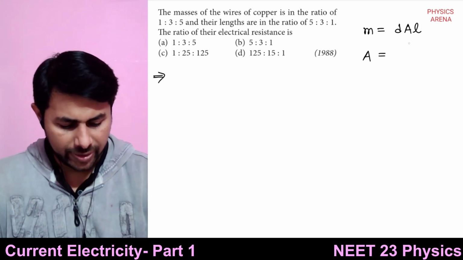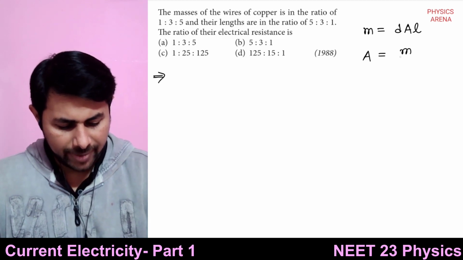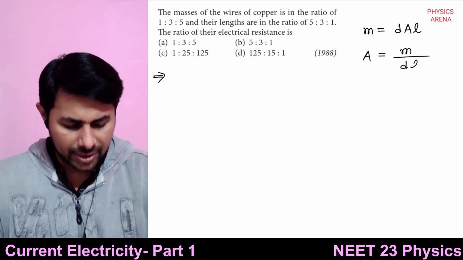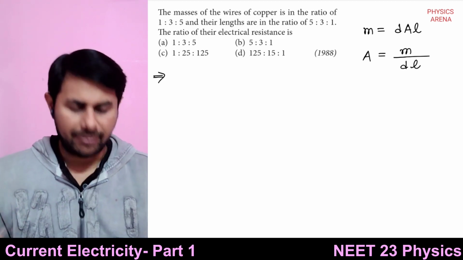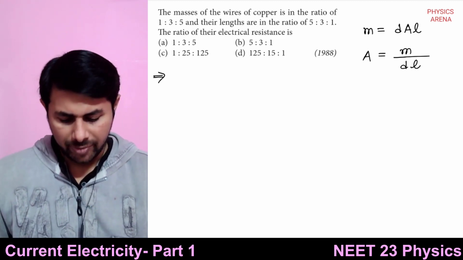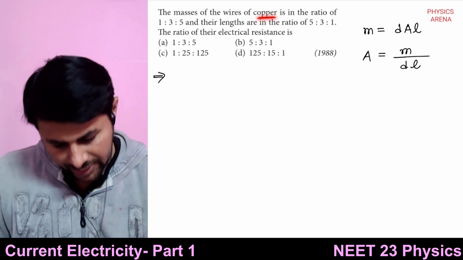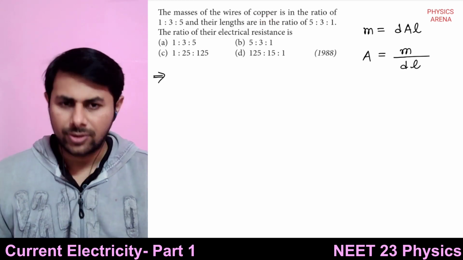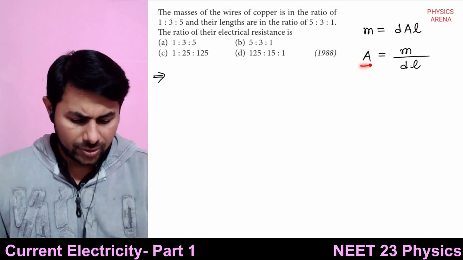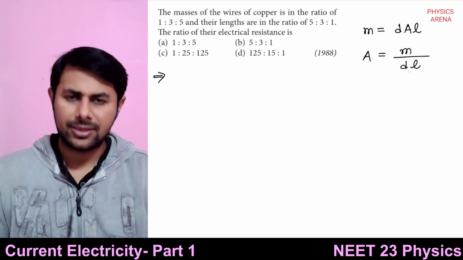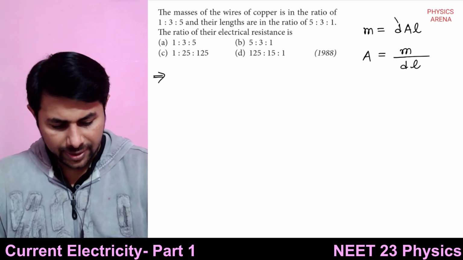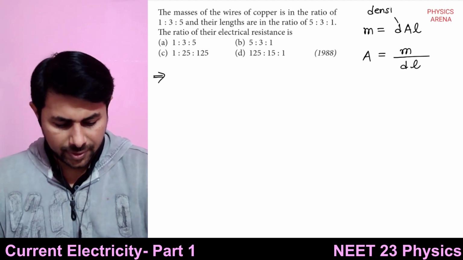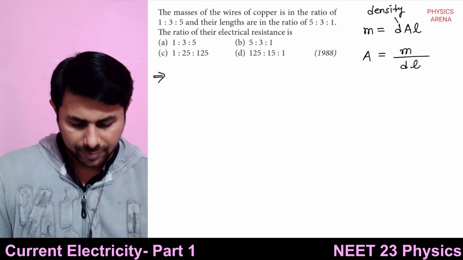So area is equal to mass divided by density multiplied by L. And density will be the same, because it is the same material, it's copper. So area is mass divided by density multiplied by length. D is density. Remember, this is density, not diameter.